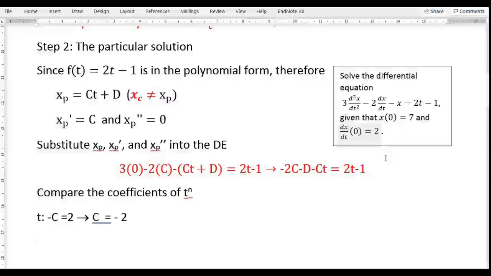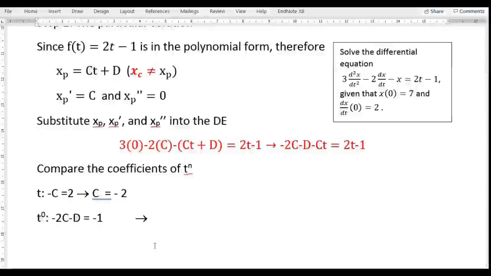For t to the power 0, or simply the constant, we have minus 2c minus d is equivalent to minus 1. So we substitute c equals minus 2 inside this expression. It will give us 4 here, right? It will give here 4. Therefore, d is equivalent to 5.